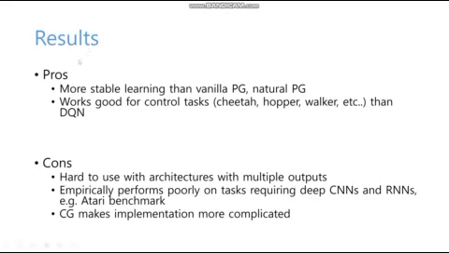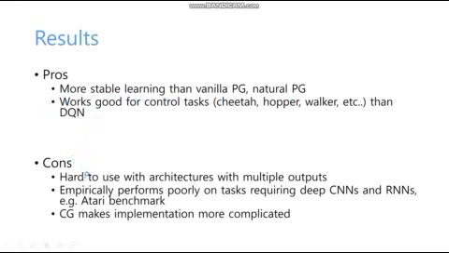Let me explain the results. The pro of TRPO is that it's more stable learning than vanilla policy gradient or even the natural policy gradient algorithm. It works well for control tasks like Cheetah, Hopper, Walker, better than DQN.